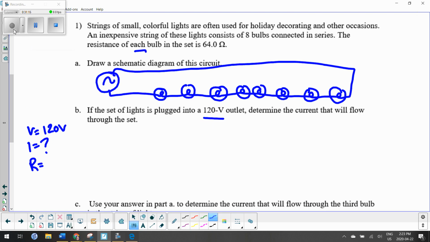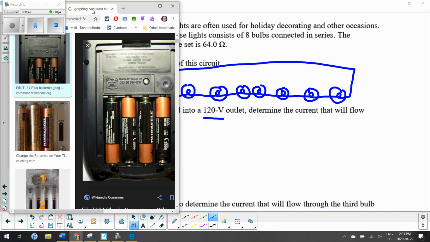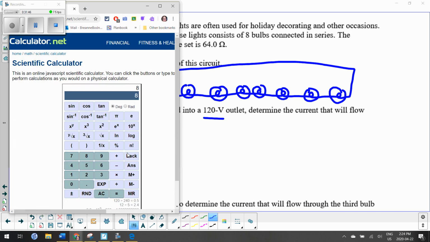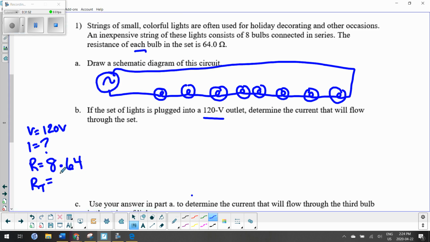To save myself time, I could just go 64 times 8 because each bulb is the same. 8 times 64 on my calculator gives 512 ohms. So my total resistance is 512 ohms.